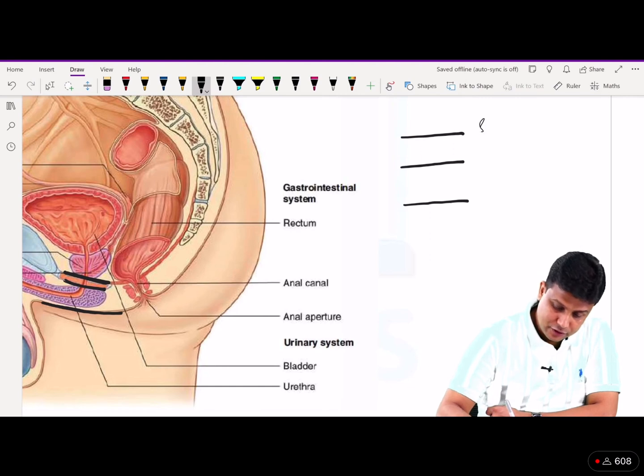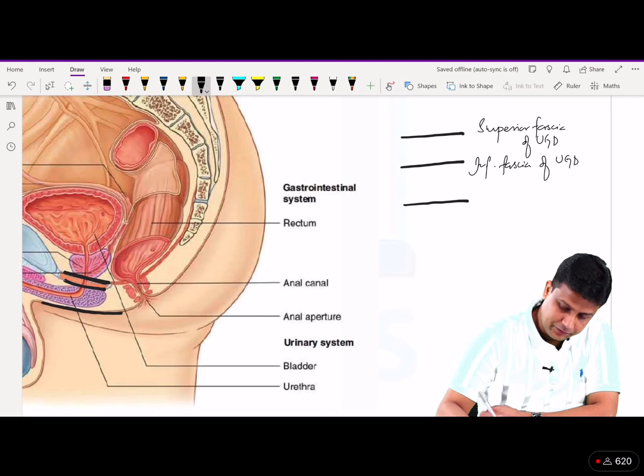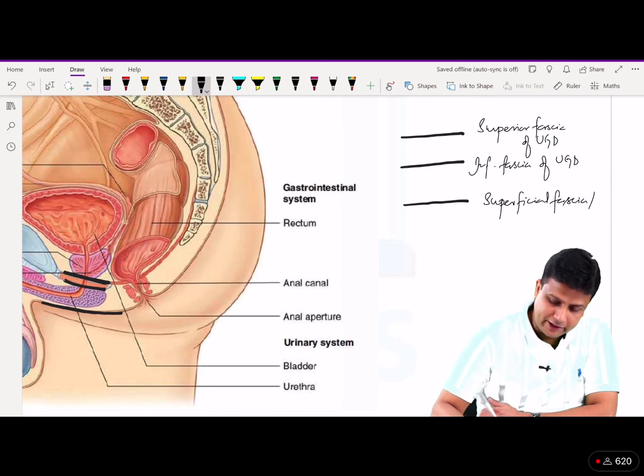This is the superior fascia of the urogenital diaphragm. This here will be the inferior fascia of the urogenital diaphragm, and this one here will be the superficial fascia of the perineum region, which is also known as the Colles fascia.